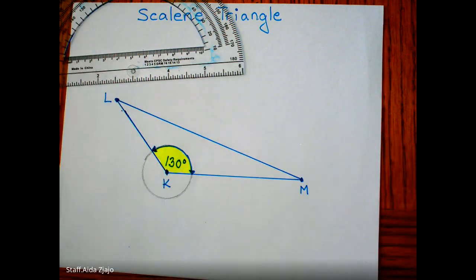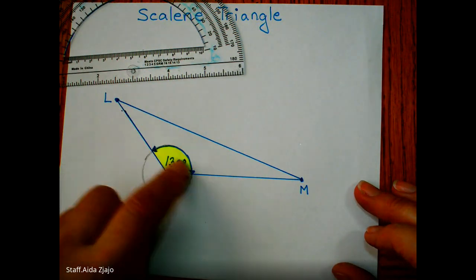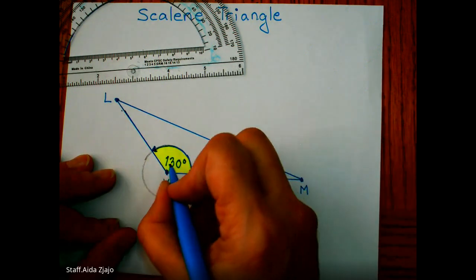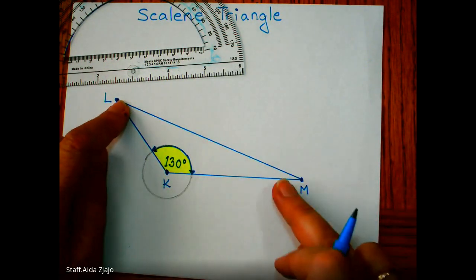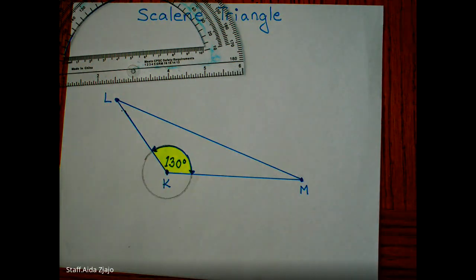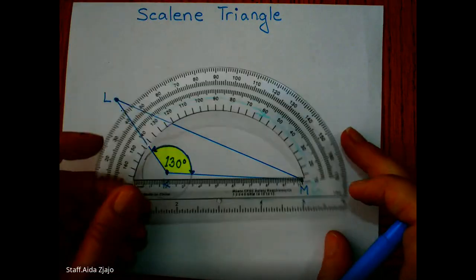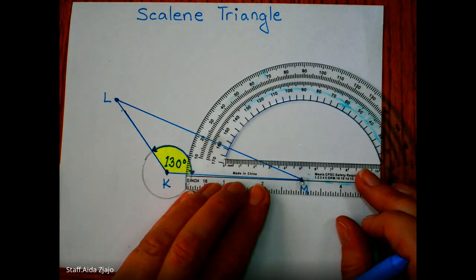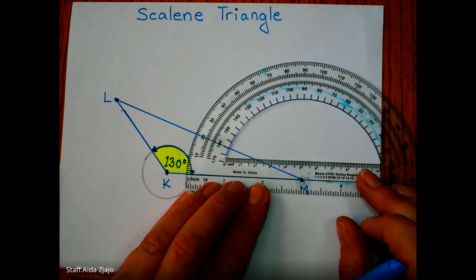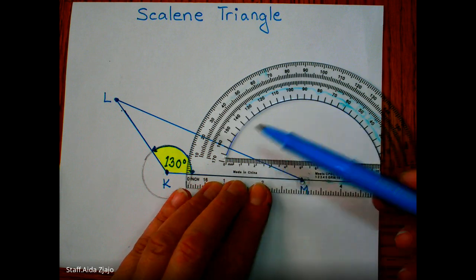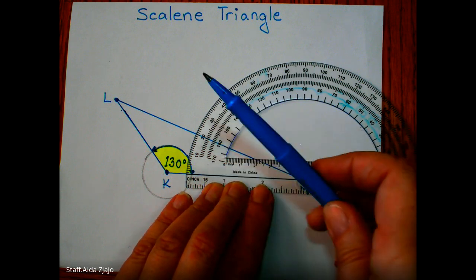Remember that all 3 angles in any triangle have to add up to 180 degrees. So these 2 need to share whatever is left up to 180. So I can measure angle M, and I can put the dot of my protractor on M, make it parallel to the line segment MK.